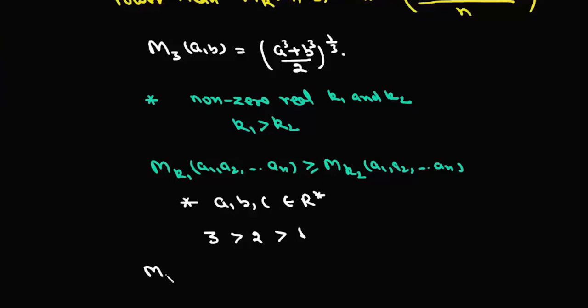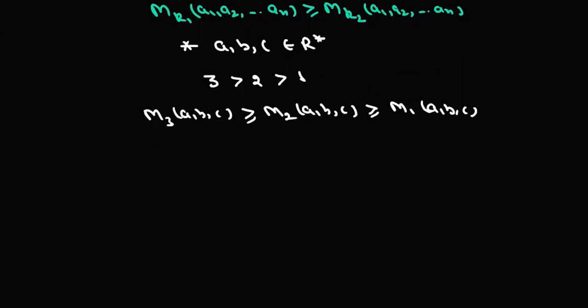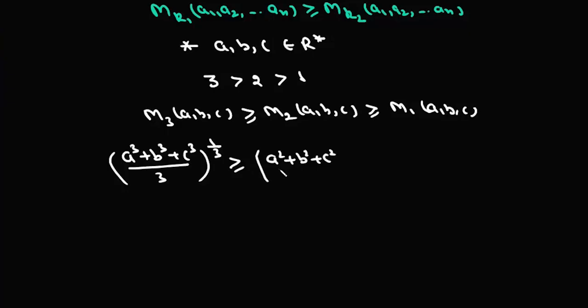Then we can simply write m3(abc) will be greater than or equal to m2(abc) and will be greater than or equal to m1(abc), which simply means a cube plus b cube plus c cube upon 3, to the power 1 by 3, will be greater than or equal to a square plus b square plus c square upon 3, to the power 1 by 2, and will be greater than or equal to a plus b plus c by 3. So this is how we are going to use power mean inequality.